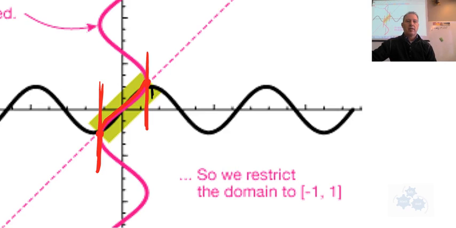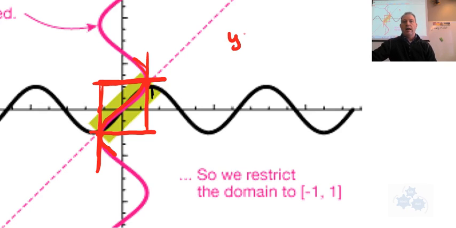You see that? Because if we go past here, it doubles back on itself up here. If we go from here down here, we've got a problem too, right? So we're going to focus on here to here, and from here to there. So this is sort of the screenshot of the arc sine that is a function.